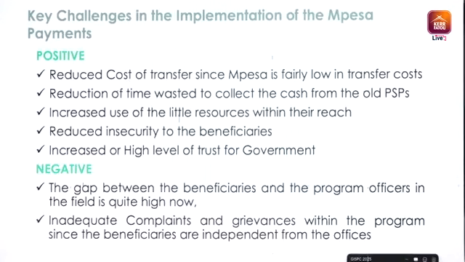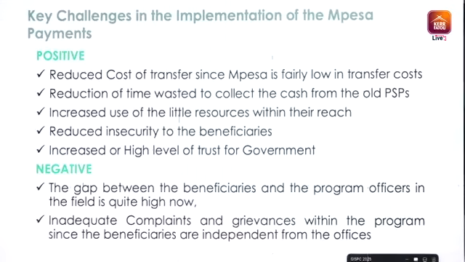If you're transferring more than 100,000 shillings, you'll only pay 108 shillings. So if you're transferring 2,000 shillings, you'll only pay 33 shillings. Earlier on, we were paying 107 shillings to the commercial bank. So there's a reduction in cost, a reduction in suffering, and of course, what we call the trust in government.